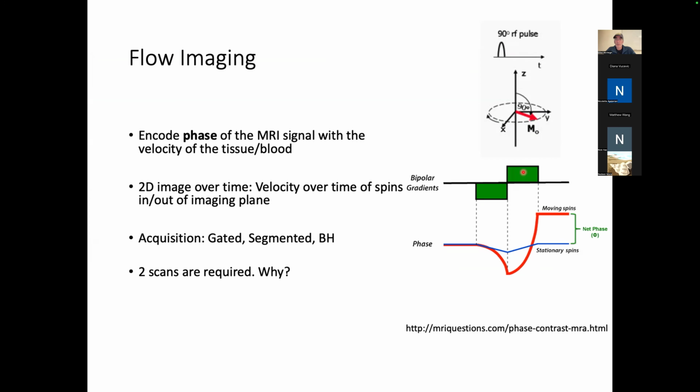Then you ask the question, well, what happens if a magnetization vector, or a voxel of water, say, is actually moving during the time that we're applying this gradient? If it's moving in the negative direction, then the phase will basically get subtracted by the negative gradient.